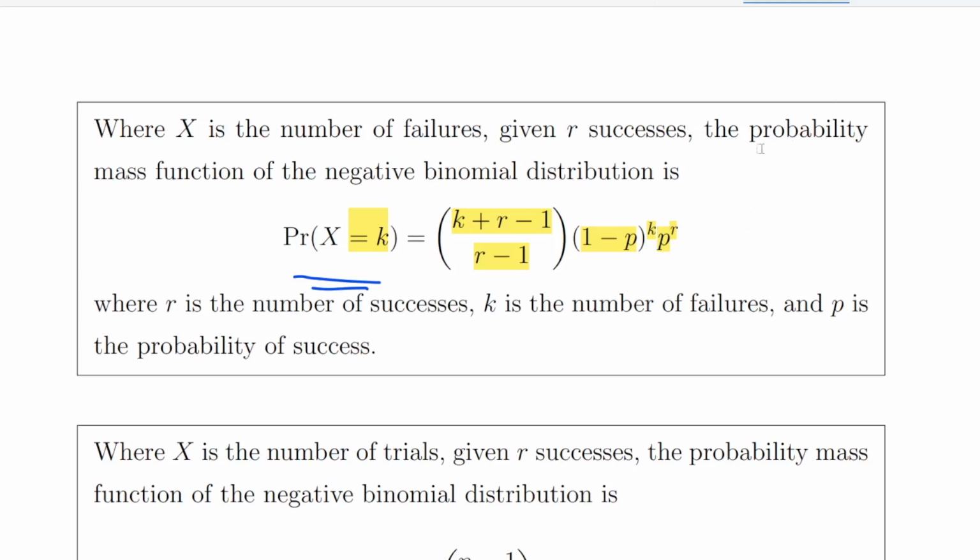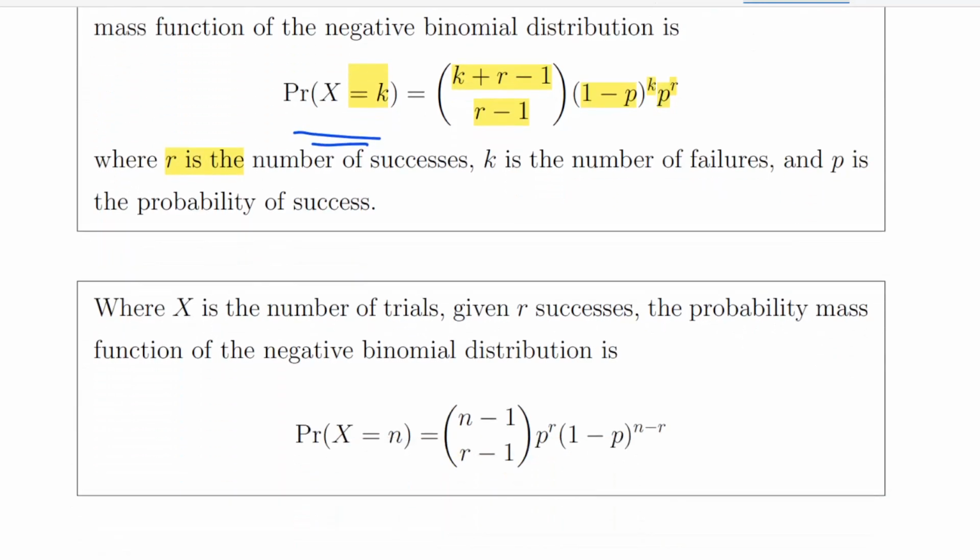So again, I highlight the fact that the failure probability, 1 minus P, has the power of K, where P, the probability of success, has the power of R, which is actually a constant in this distribution. So watch out for things like that, how it's constructed and which way it would be constructed.